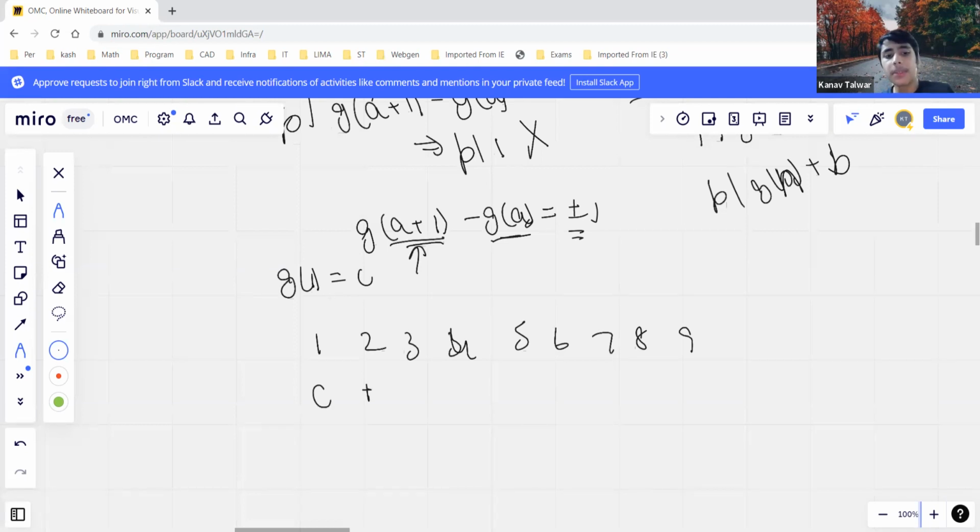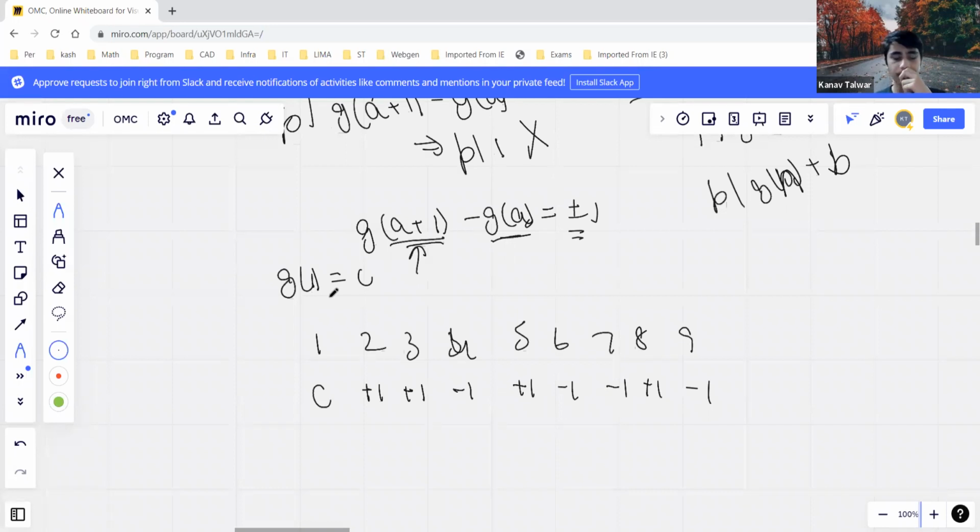So if G of 1 starts with C, the sequence is just plus 1, or sometimes minus 1, and plus 1, minus 1, minus 1, plus 1, and a minus 1, right? So from the previous value, we're just adding 1 or adding minus 1. Okay?